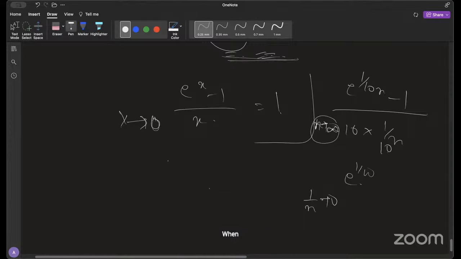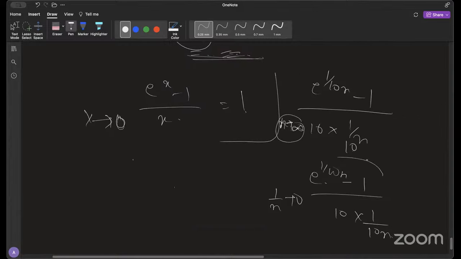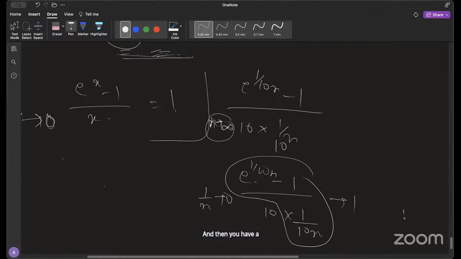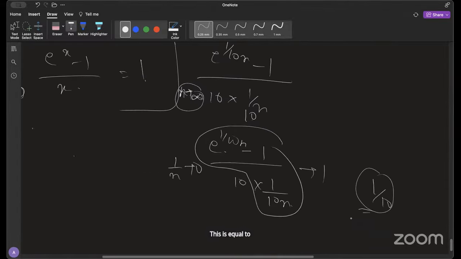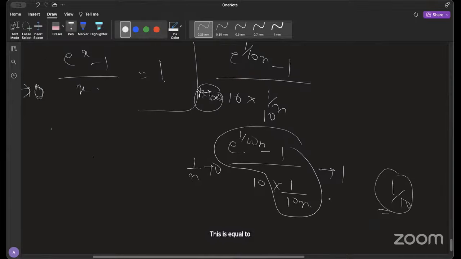When your n tends to infinity, 1 by n tends to 0, and this is minus 1 by 10 into 1 by 10n. So this entire thing goes to 1, and then you have a 10 in the denominator, so it should be 1 by 10. Is that okay?